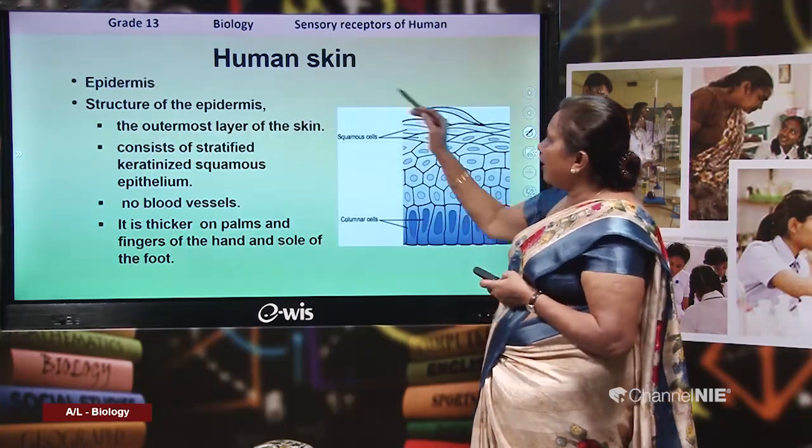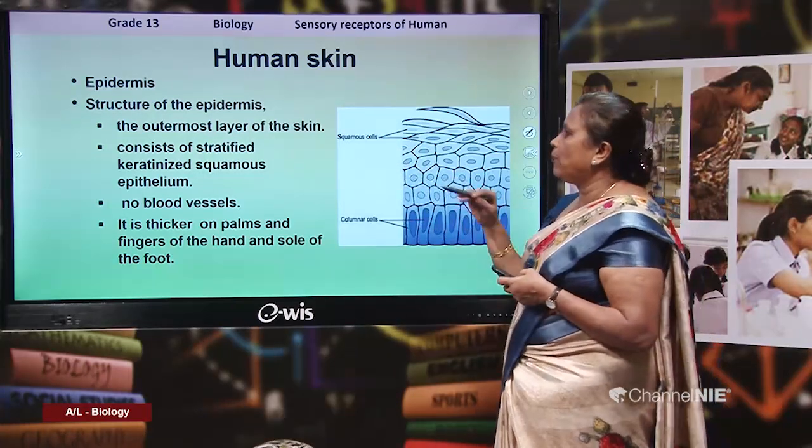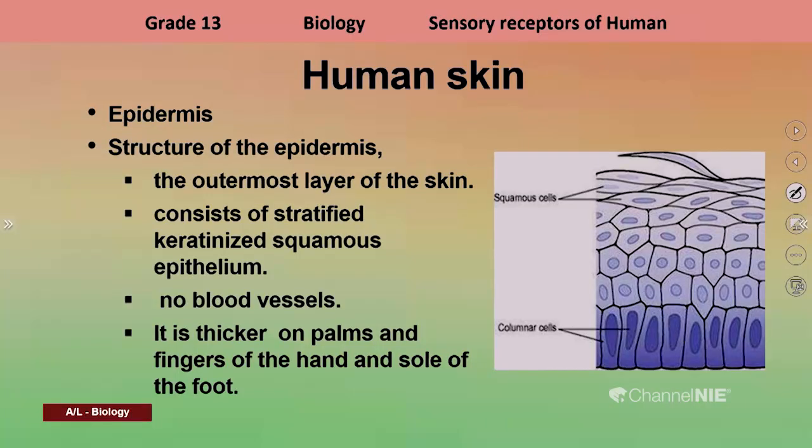Then I am moving into the epidermis. That is the topmost region. The epidermis, the outermost region of the skin, consists of stratified, keratinized, squamous epithelium. So remember these three words: stratified, keratinized, squamous epithelium.